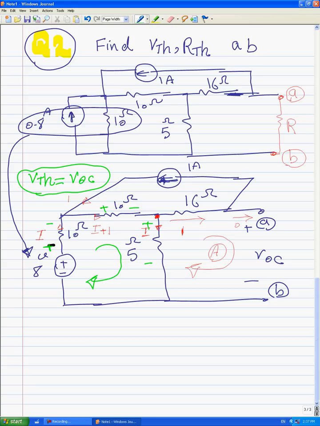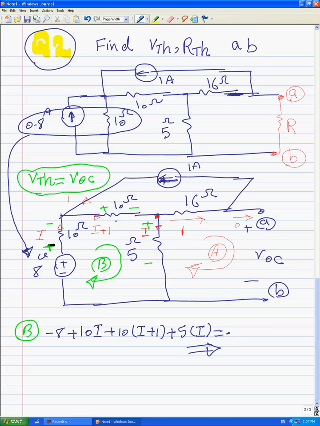KVL in this loop, for example, loop B, says minus 8 plus 10 times I plus this 10 times I plus 1 plus 5 times I is equal to 0.